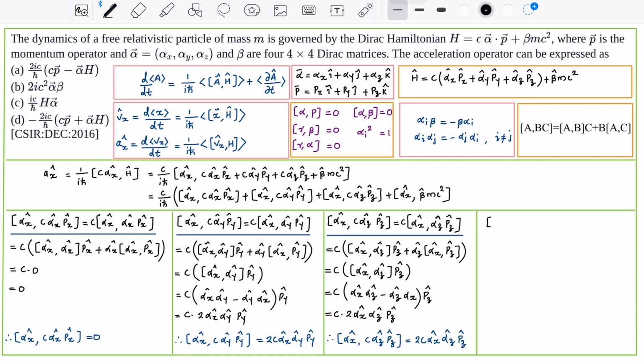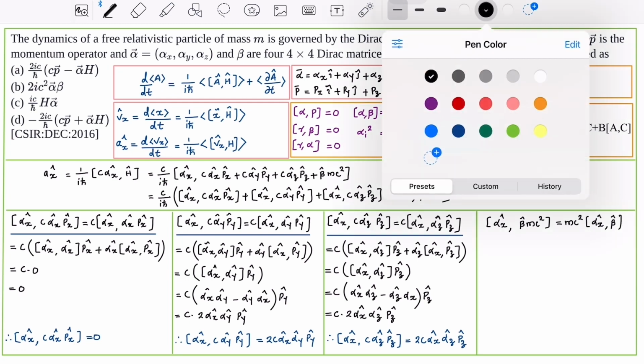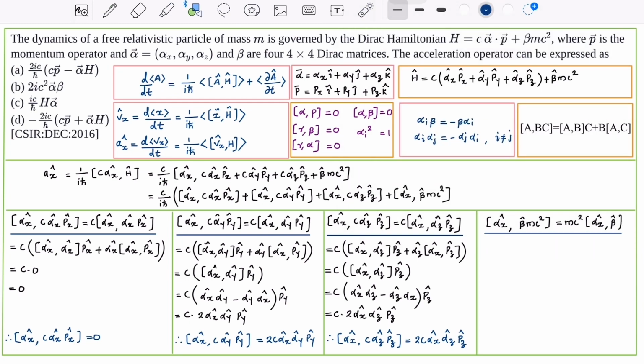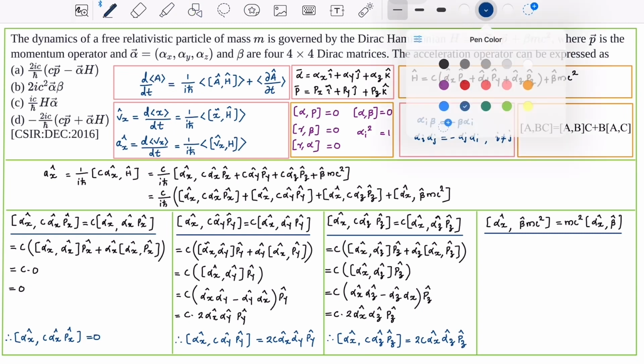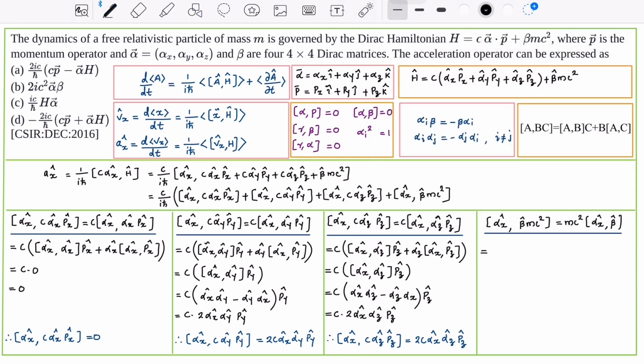Now let us find the last commutator, the commutator of alpha x and beta mc square. This is equal to mc square times the commutator of alpha x and beta. This is equal to mc square, then within brackets, alpha x beta minus beta alpha x.